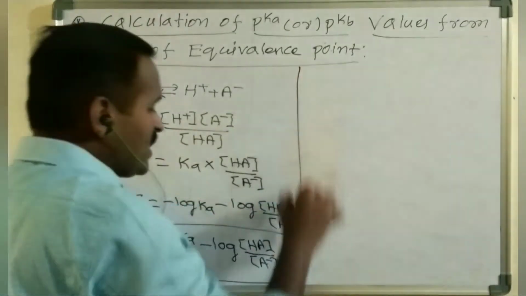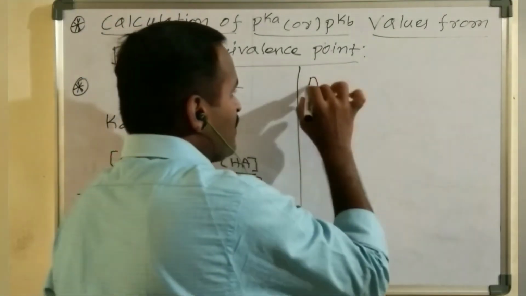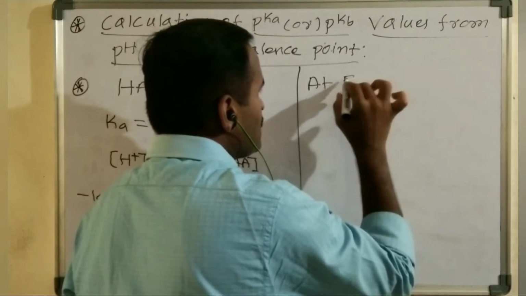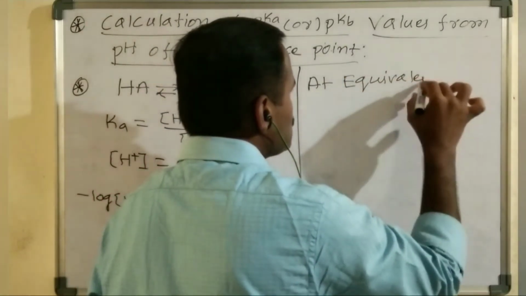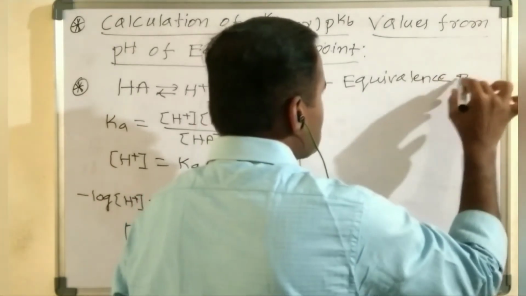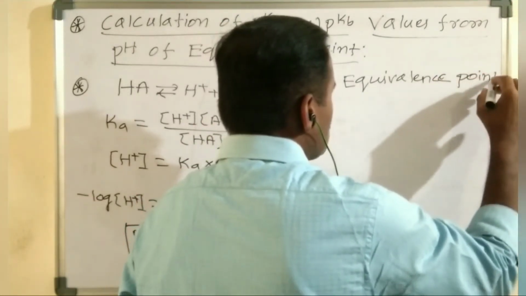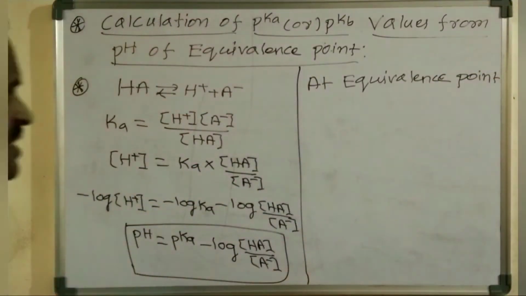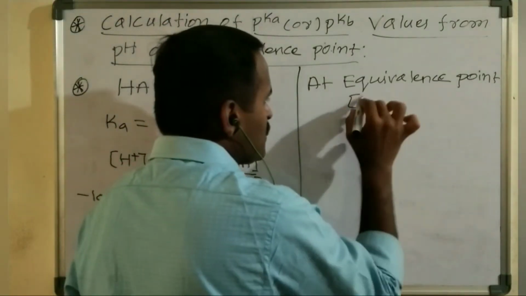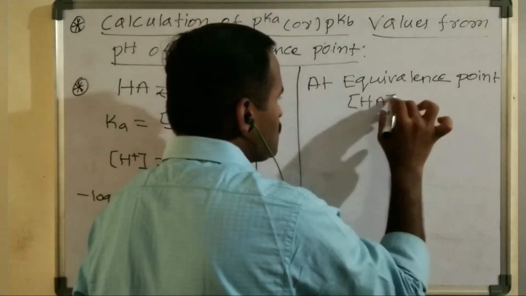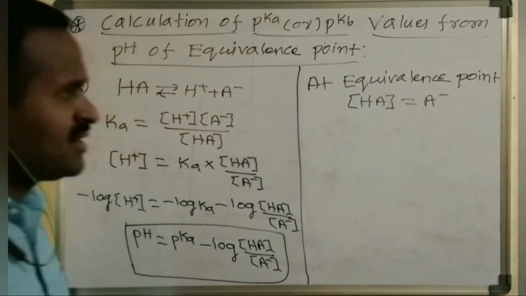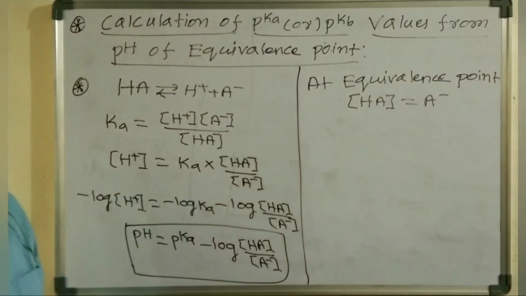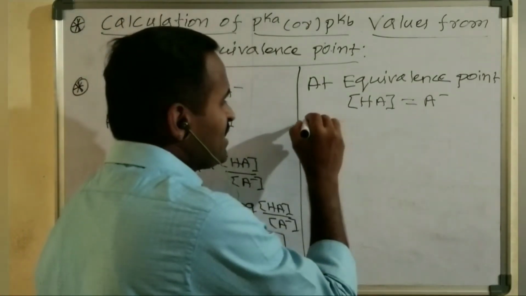As we all know, at the equivalence point the HA concentration should be equal to the A minus ion concentration.